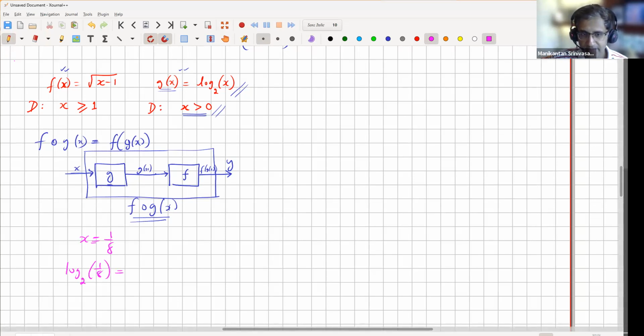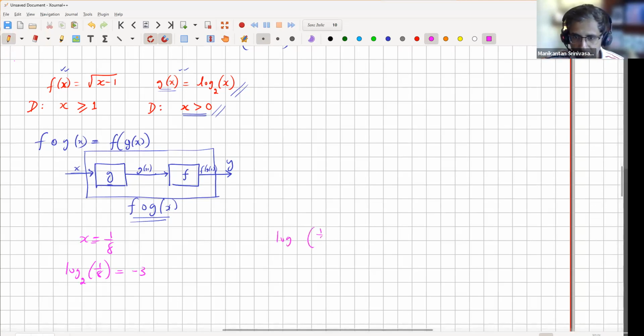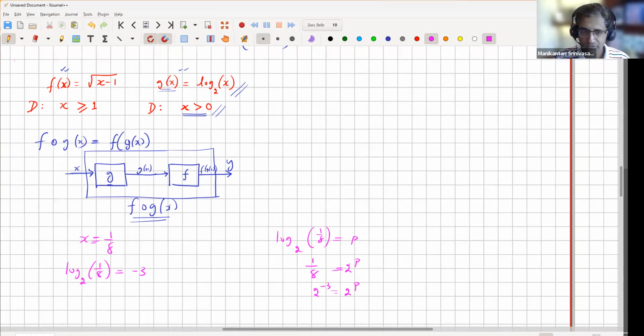It is -3. Let's recap on the side. Suppose I want to figure out what this number is, I'll call it p. Then 2 power p is 1/8. And we know 2 power -3 is 1/8, so 2 power -3 is 2 power p, therefore p is -3. That's how we infer. So log of 1/8 to the base 2 is -3.